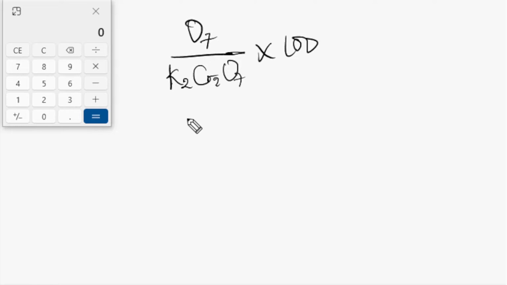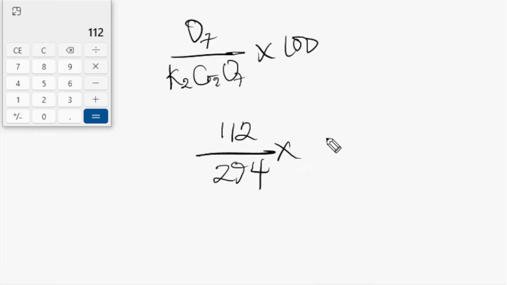Oxygen times 7, oxygen is 16, so we're going to do 16 times 7, that's 112. So 112 over, we're given the molecular mass of this potassium dichromate 7. So the molecular mass given to us from the question is 294. So this would be multiplied by 100.